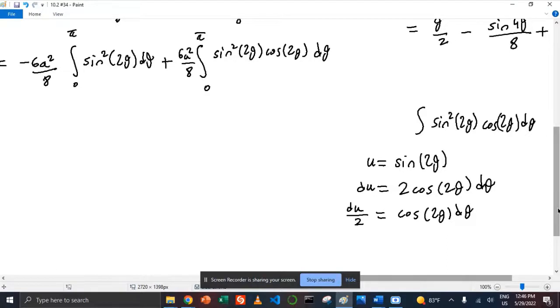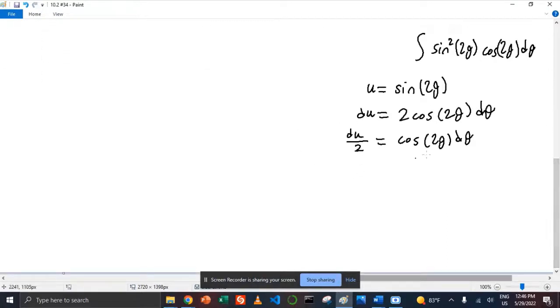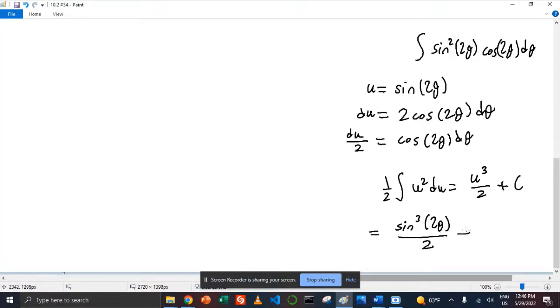Once again, I need more space. So I can just set this equal to 1/2 u squared du, which is equal to u cubed over 2 plus c, which, because u is equal to sine 2 theta, is equal to sine cubed 2 theta over 2 plus c.